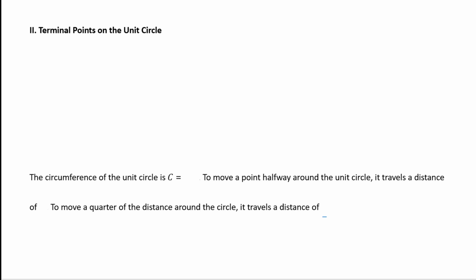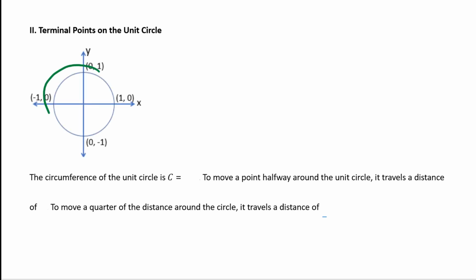Continuing with terminal points on the unit circle, the circumference, or the distance one time around the unit circle, is the distance 2 pi. An approximate value for pi is 3.14.